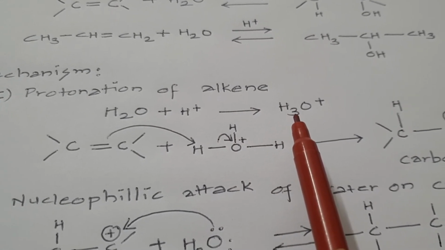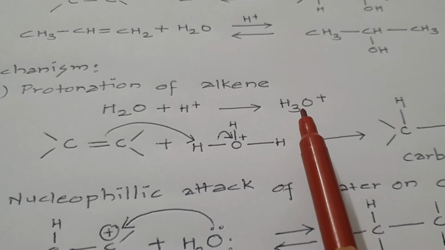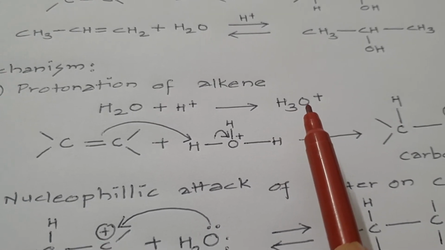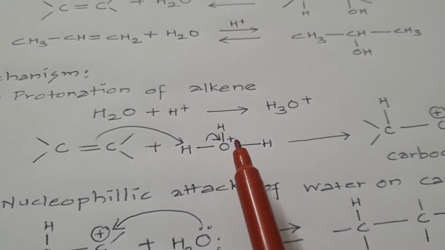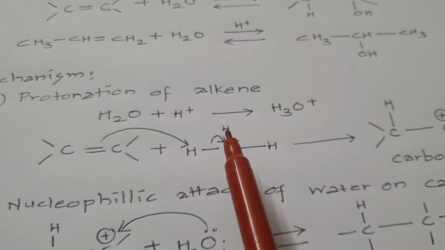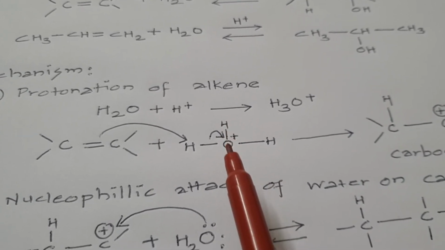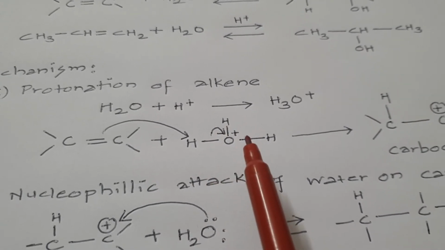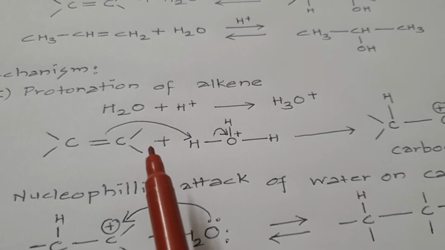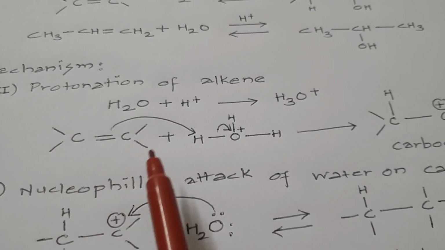So this is H3O+, a positive charge being carried by the oxygen because of an attachment of a hydrogen to this. Now in this particular case, this hydronium ion then comes in contact with your alkene.